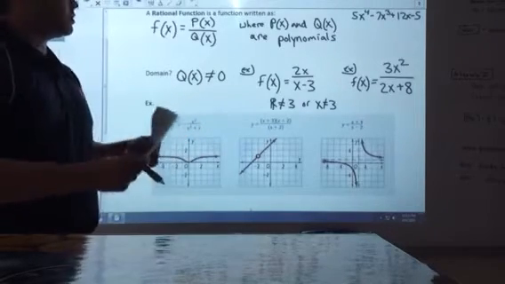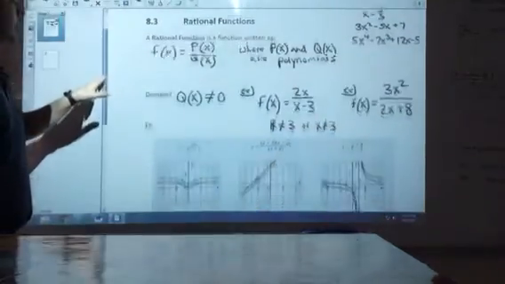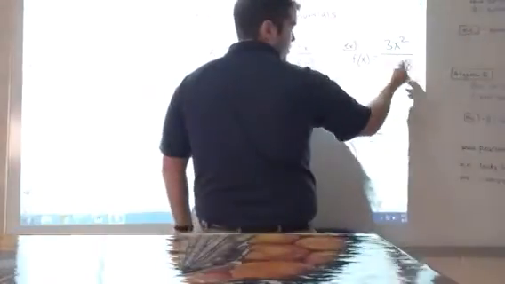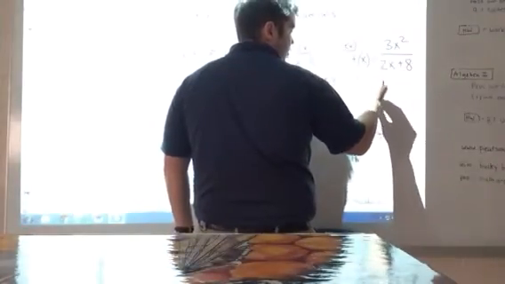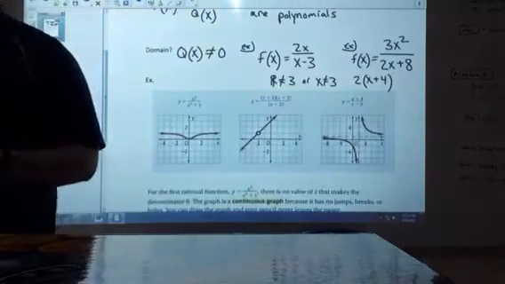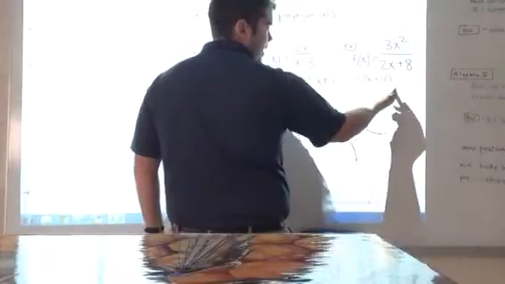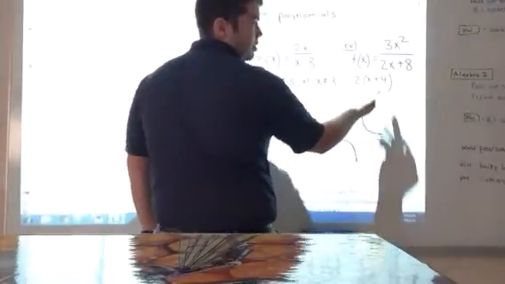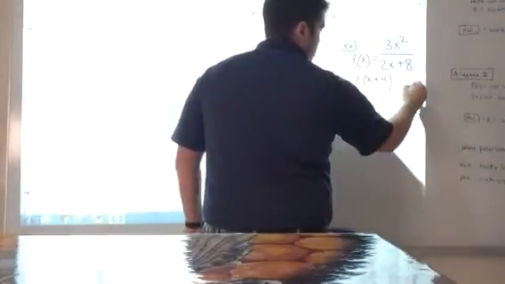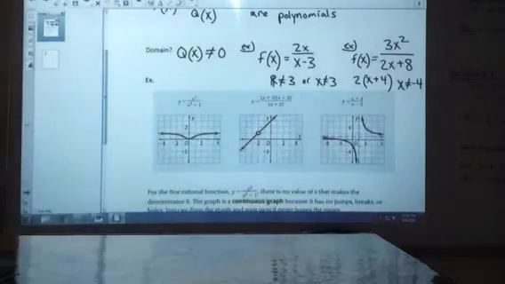As you start to deal with polynomials of larger degree and more terms, factoring is going to be useful. In this case, the denominator, that's all we're focused on, 2x plus 8, you can factor out a 2, making it 2 times x plus 4. What that allows us to do is see that x plus 4 is really where my focus is. So when x is negative 4, that's when I'm going to get 0 in the denominator, because negative 4 plus 4 would be 0, and 0 times 2 is 0. So x can't equal negative 4. And again, factoring is our friend. That was helpful here. Okay?